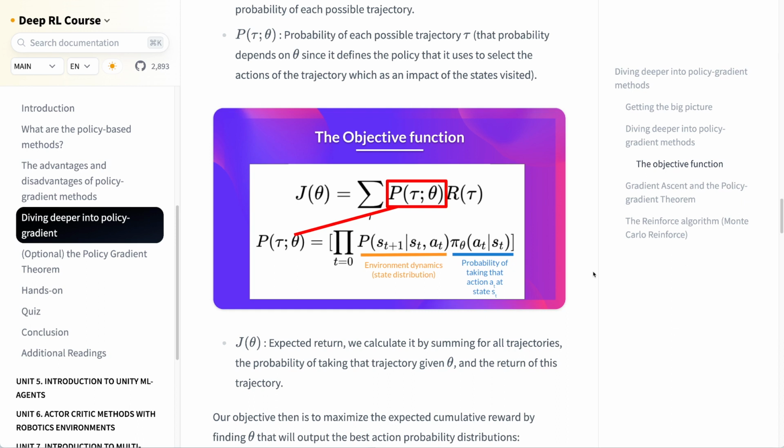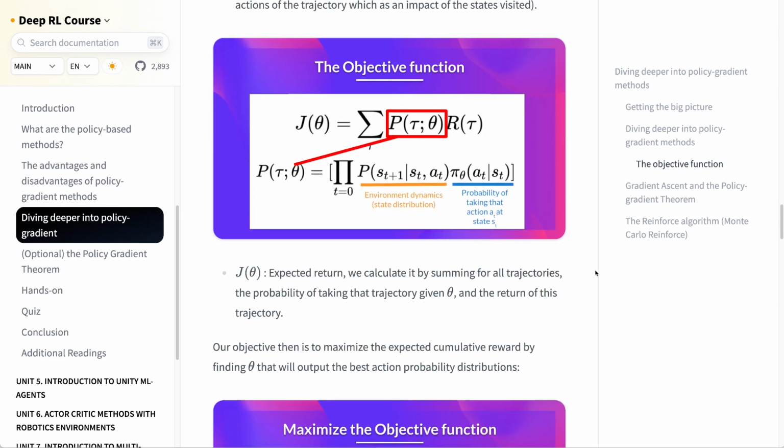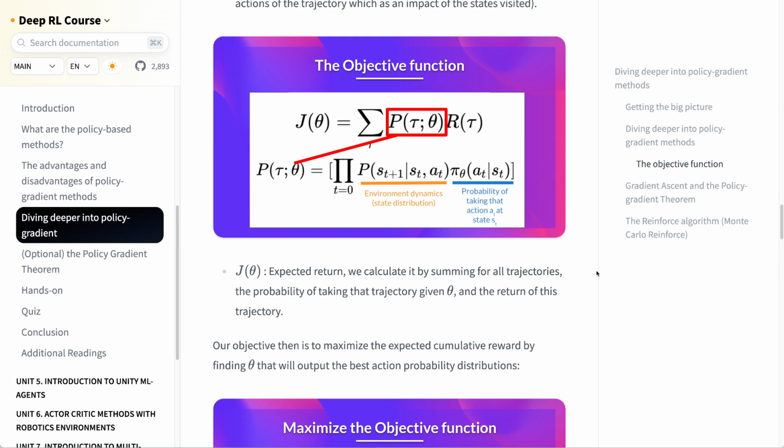So J, as we know before, is expected return. Calculate it by summing, for all trajectories, the probability of taking that trajectory given theta and the return of this trajectory. Our objective then is to maximize the expected cumulative reward by finding theta that will output the best action probability distributions. Alright.